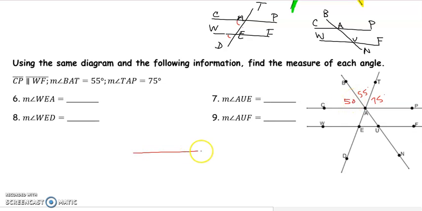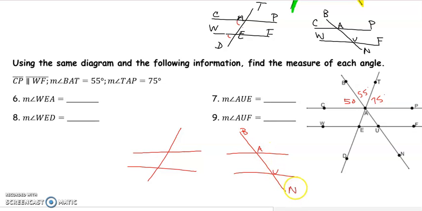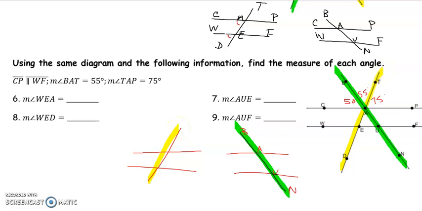Well, I can again sketch my pictures. Got B, A, U, N. Of course, you always want to color your transversals different colors so that you can keep it straight. I'm going to put my endpoints.